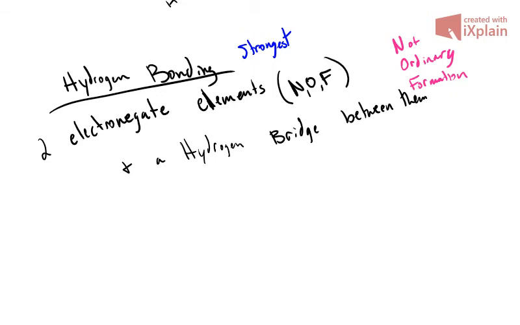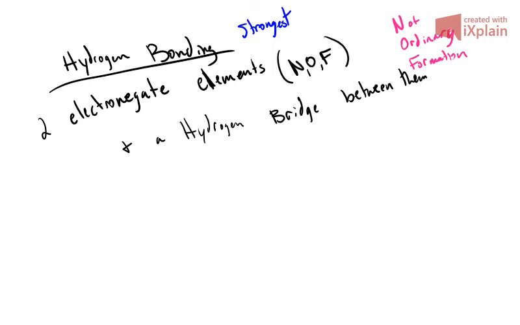Now, between these two compounds that are hydrogen bonding, they have to have an electronegative atom bound to a hydrogen, and the intermolecular force has to go to another highly electronegative atom.